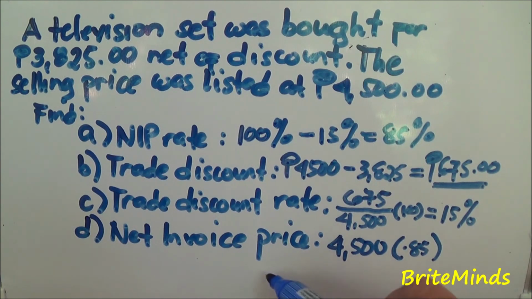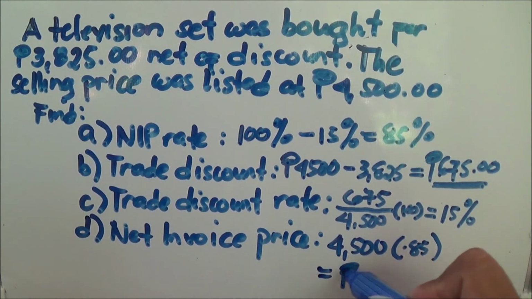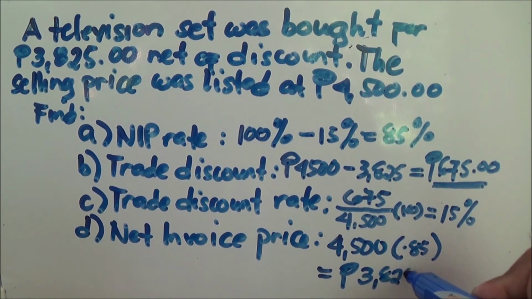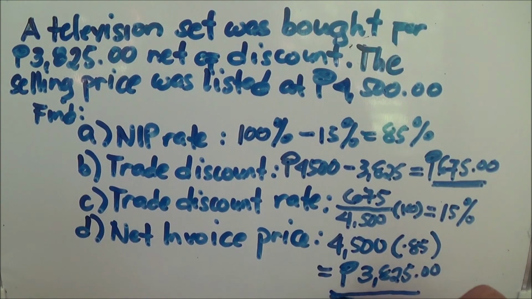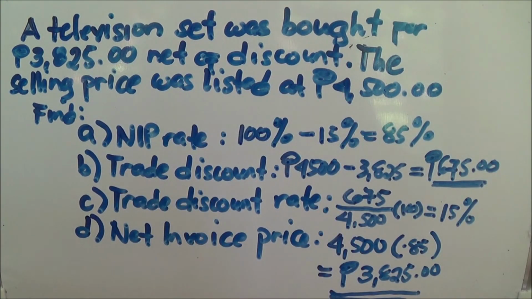So the net invoice price is 3,825 pesos. So actually, there's no need to solve because it has already been given.